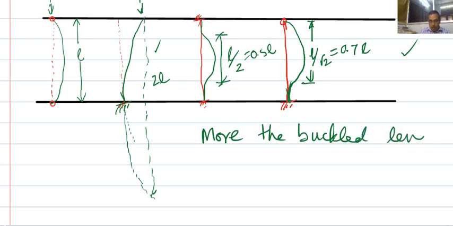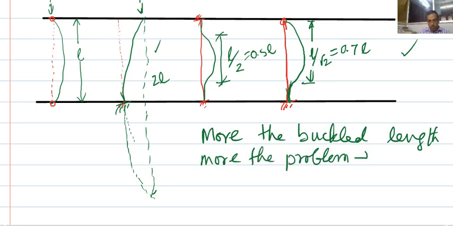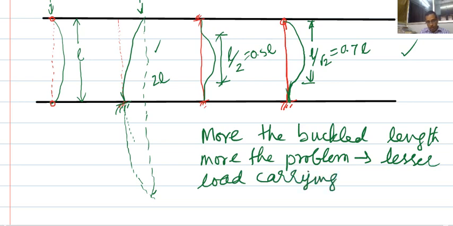More the problem in the sense means what? Lesser load carrying capacity. So I must see that the column has lesser effective length.